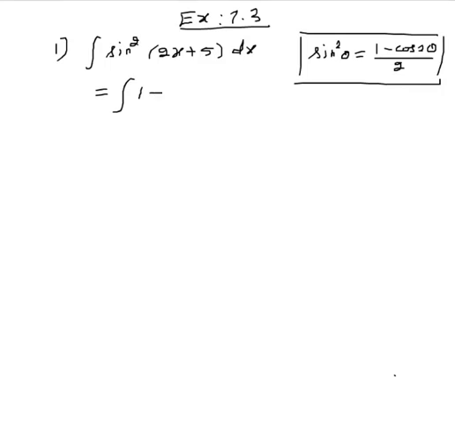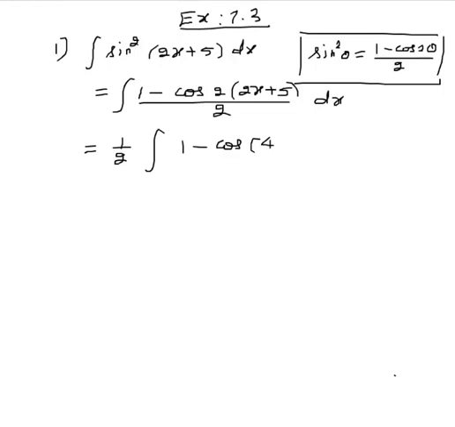Therefore, it becomes integral 1 minus cos of 2 times 2x plus 5 divided by 2 dx. Take half out. 1 minus cos of 4x plus 10 dx. Now we can integrate.